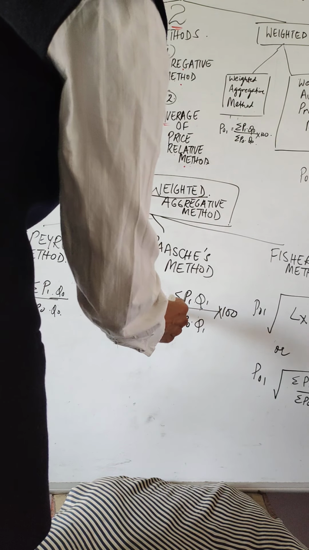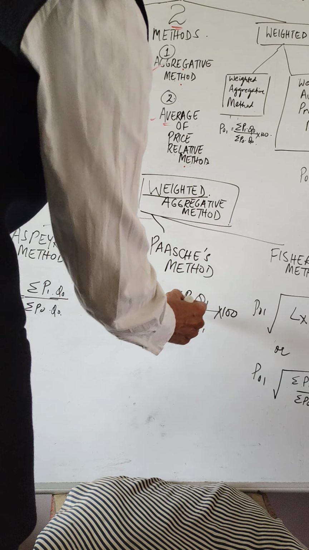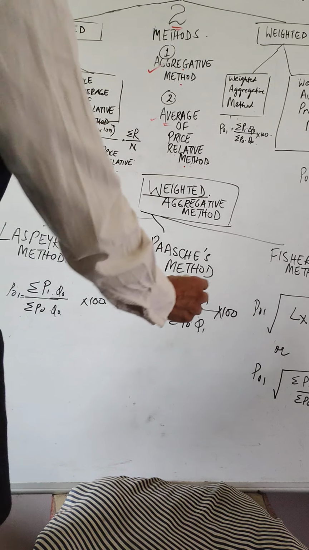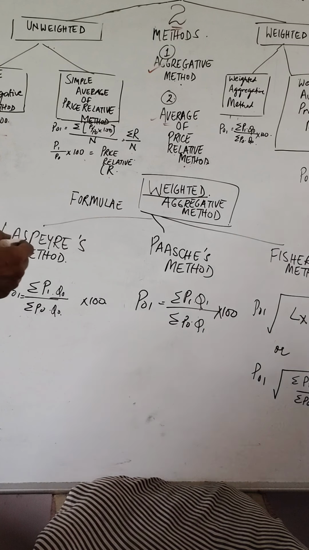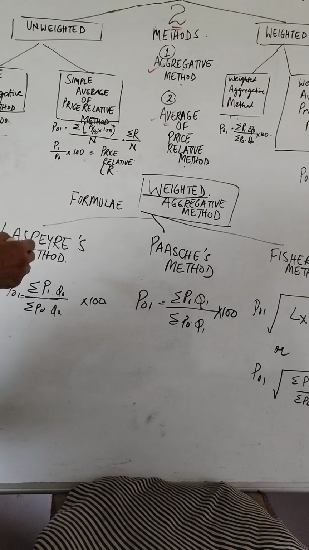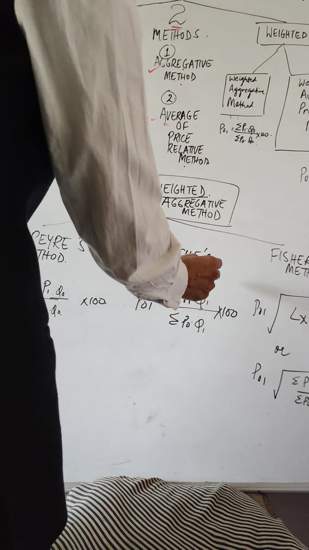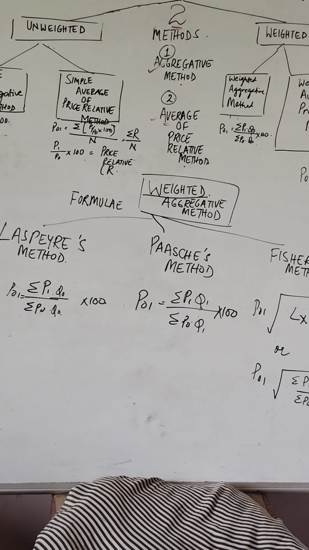In Paasche's method it is sigma P1 into Q1 over sigma P0 into Q1, into 100. In Laspeyres' method, you take the simple aggregative method and multiply it with the base year weights, and in Paasche's method, remember to multiply it with the current year weights.